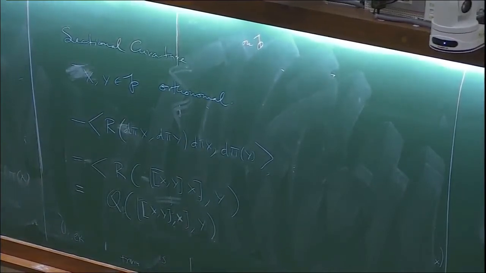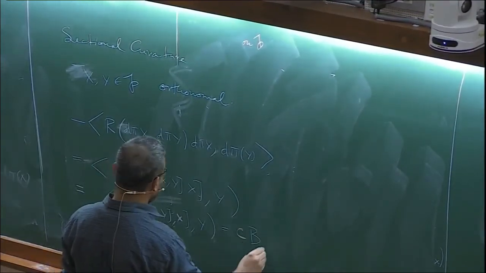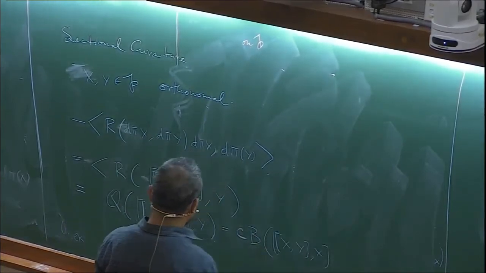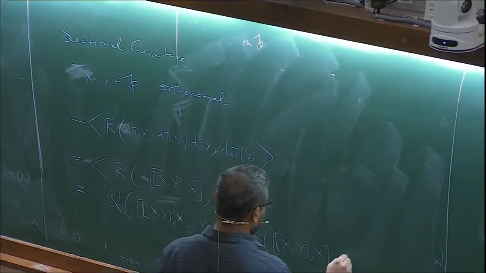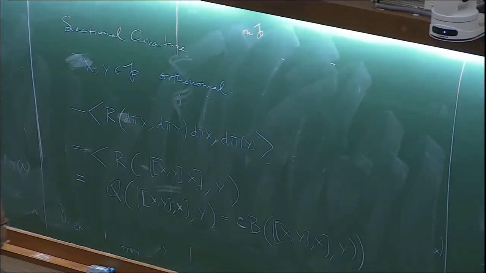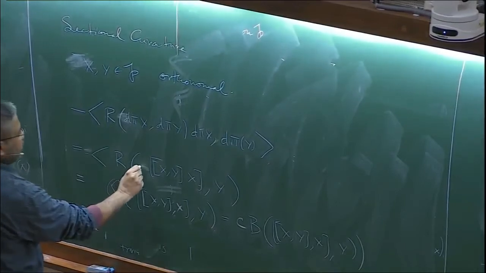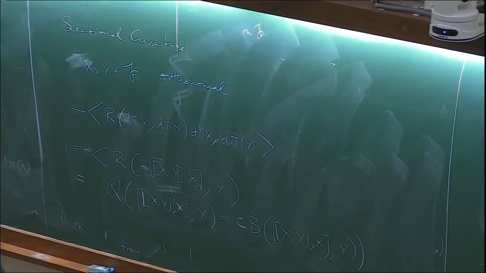This is going to be C times B of, just a second, this minus [X,Y].